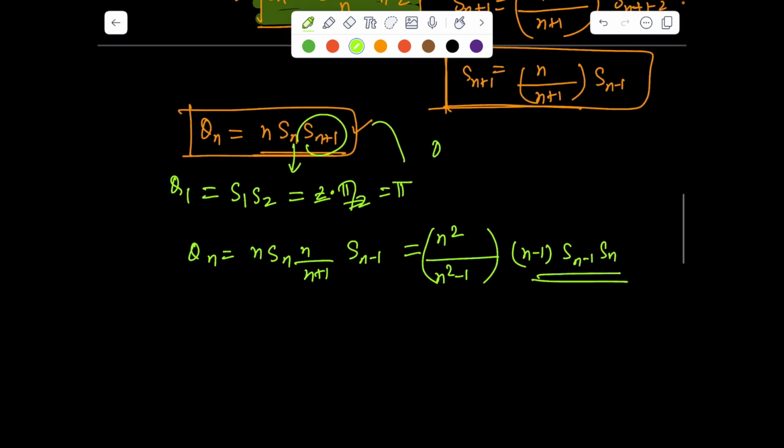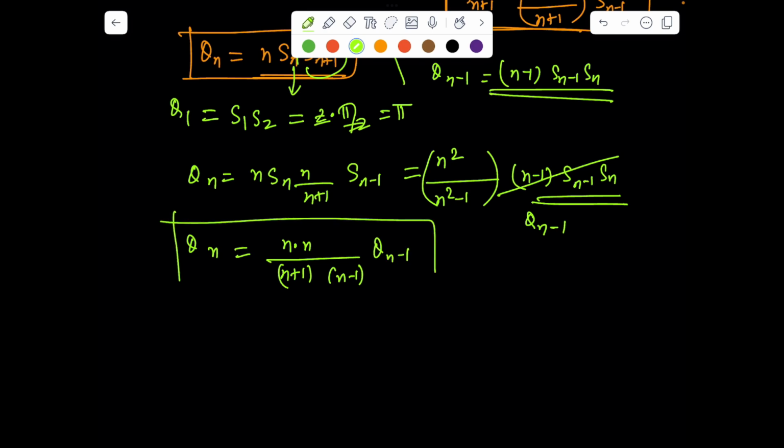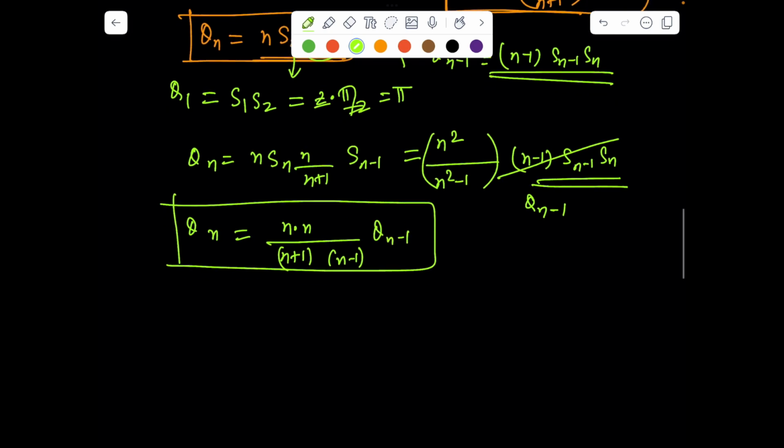The reason for inviting n-1 is we can clearly see Qn-1 will give birth to (n-1) Sn-1 Sn. And this expression can be written as simply Qn-1. Hence I have a recursion. Qn is n times n/((n+1)(n-1)) times Qn-1.